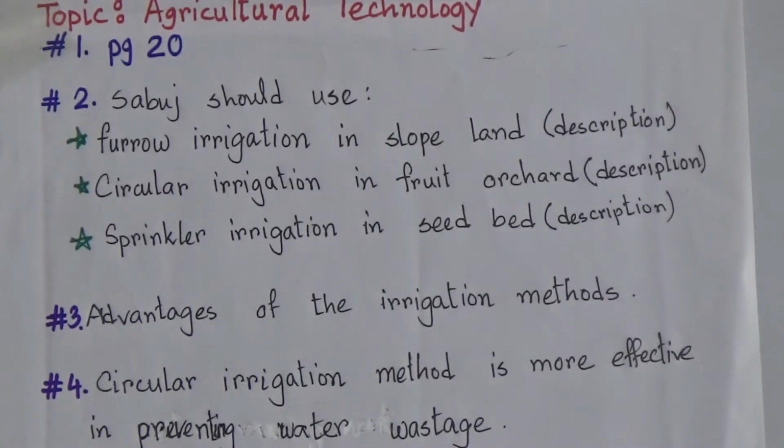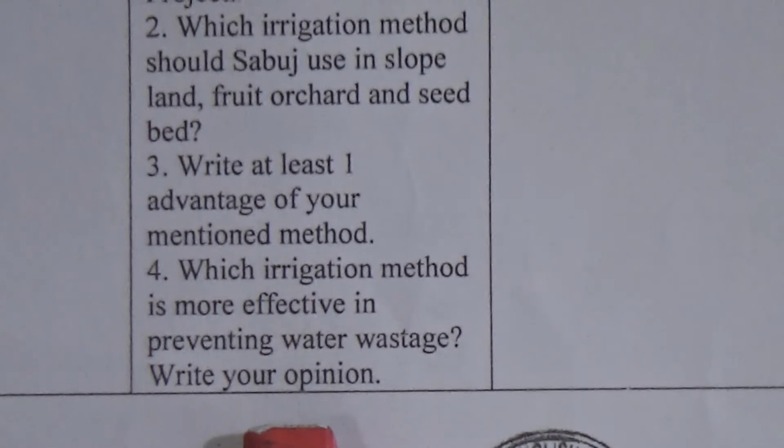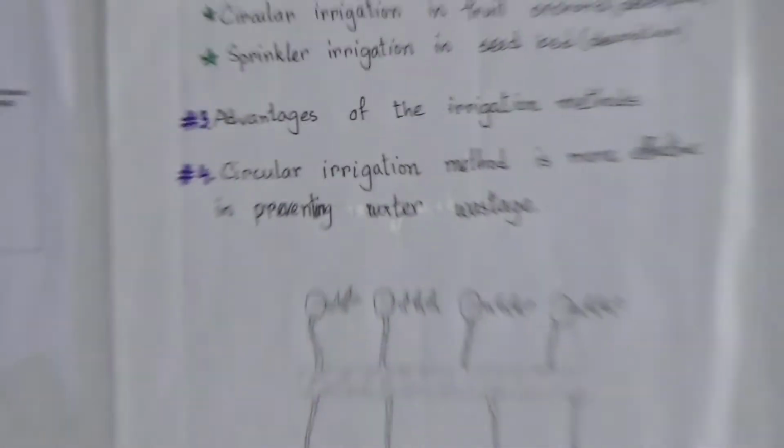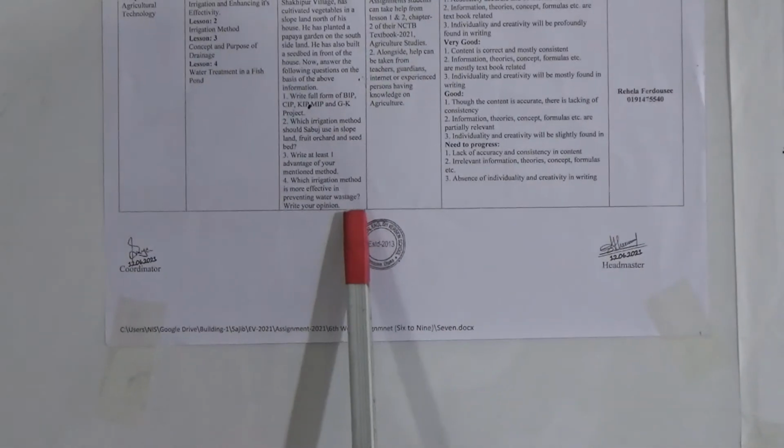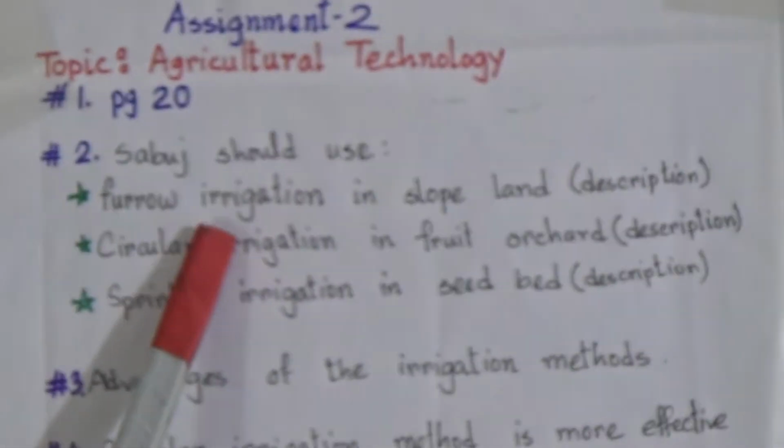Then number 4, which irrigation method is more effective in preventing water wastage? Write your opinion. So to make it confirm that which irrigation is more effective in preventing water wastage, we have to know details about the furrow irrigation.